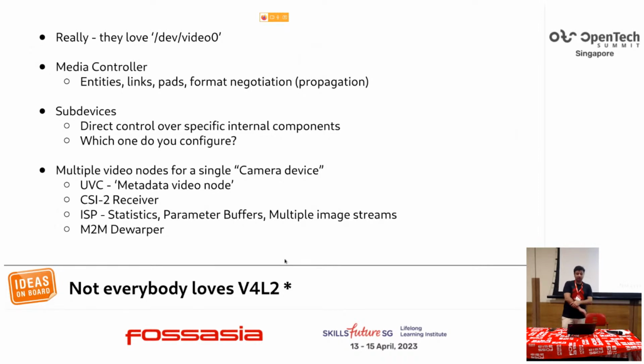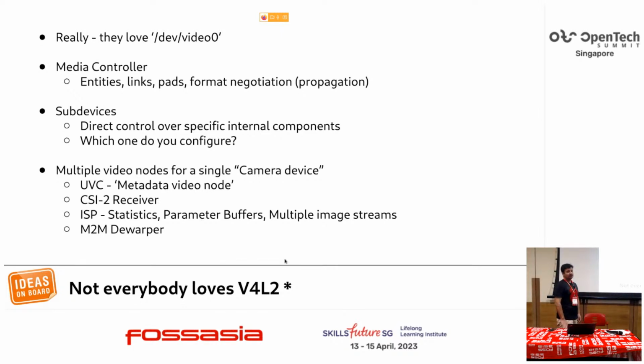But not everybody loves V4L2, because everything is configured through a node, and when the camera pipeline is very complex, the application has to take care of various types of nodes and has to deal with reconfiguration and configuration in a certain way, which makes them quite opaque for portability reasons.